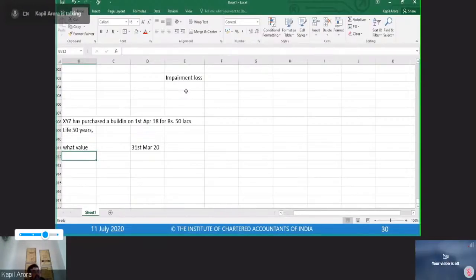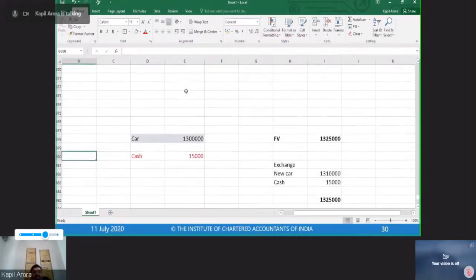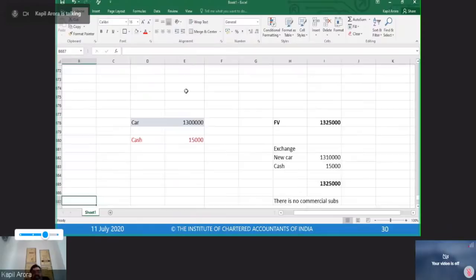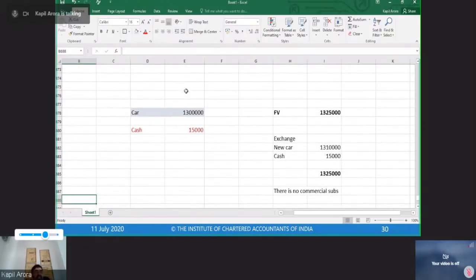Shraddha, the cash flows means cash is moving out though, but what we are assuming is that the cost which we are considering here, as I mentioned, they have mentioned that the transaction lacks commercial substance.